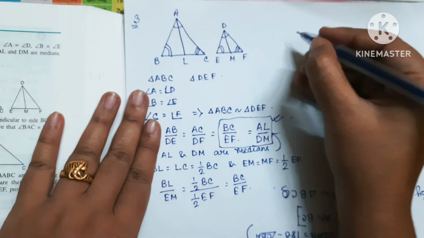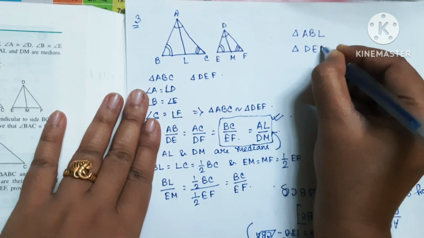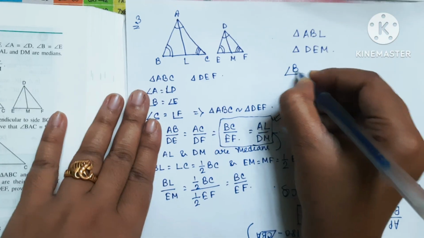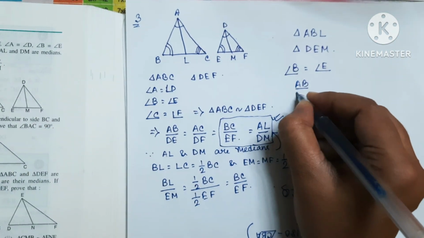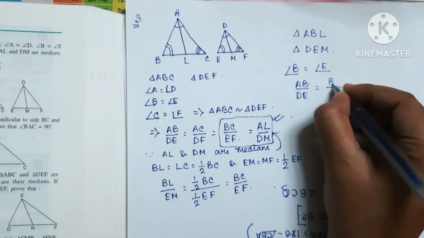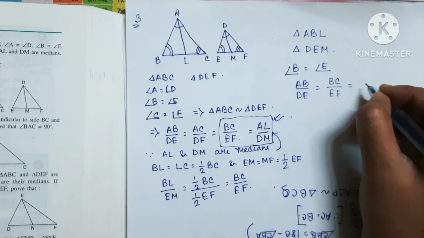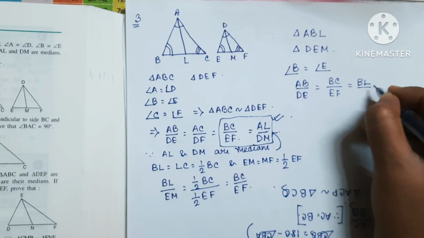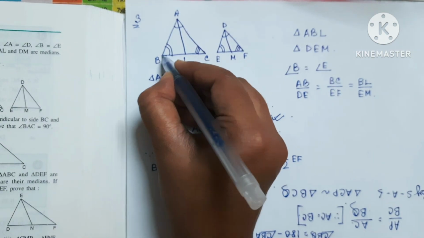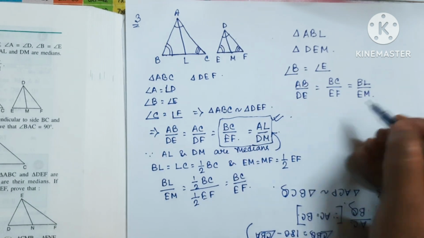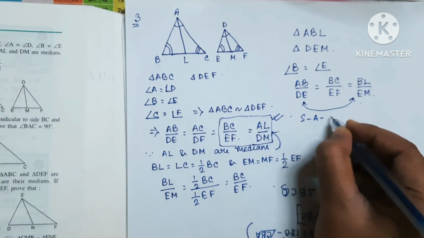See, in case of these two triangles, angle B is equal to angle E, right? And AB by DE is equal to BC by EF, that is equal to BL by EM, right? Now from these two parts, you can use SAS.